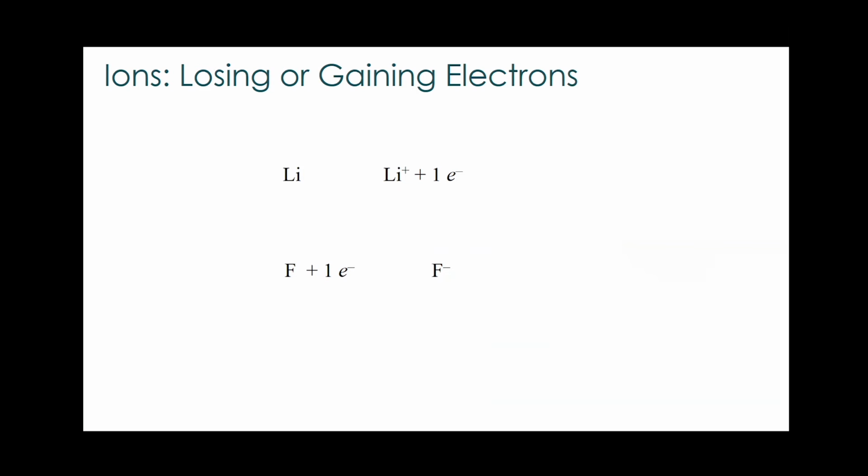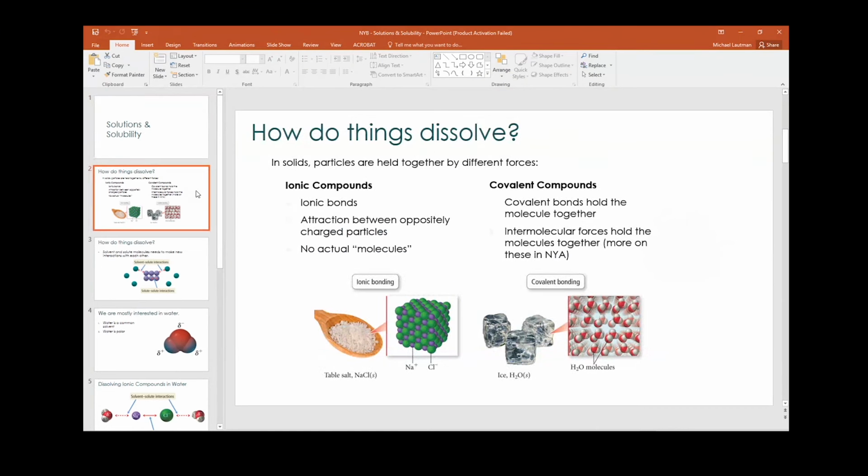If something has lost an electron, it becomes positively charged. It's called a cation. And if something gains an electron, it's an anion, and it's negatively charged. Typically, metals become cations, and non-metals accept electrons and become anions. We'll talk about more of that a little later on. So this is just a reminder, because there is still often some confusion.